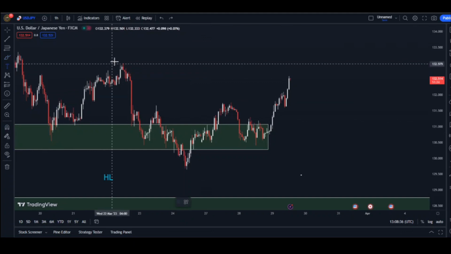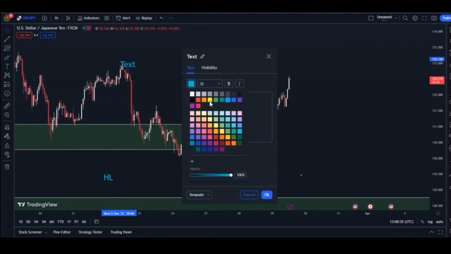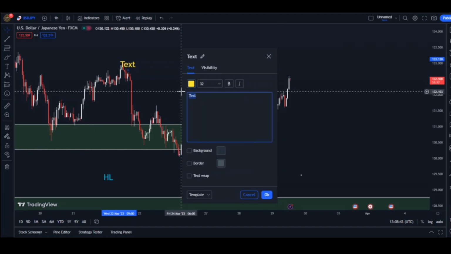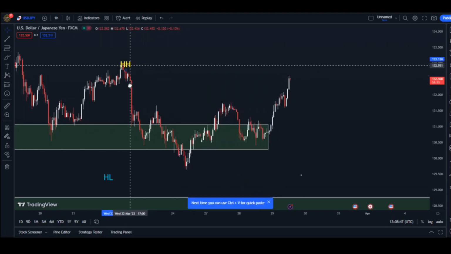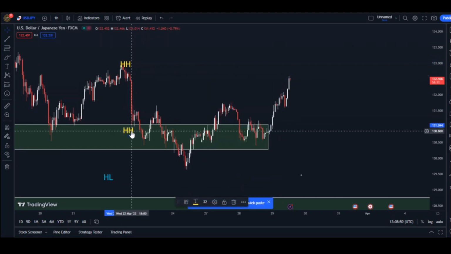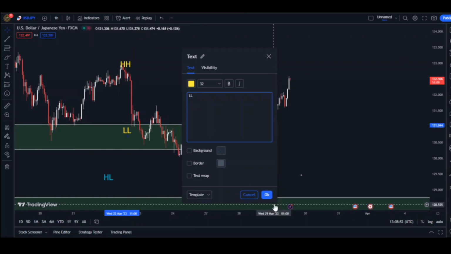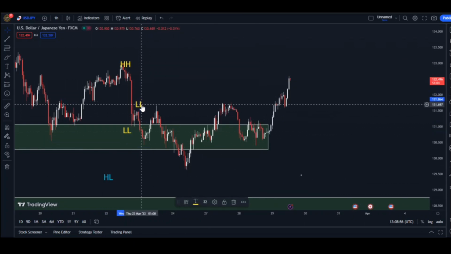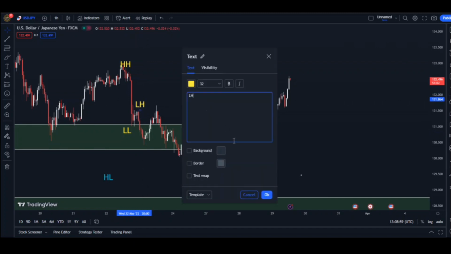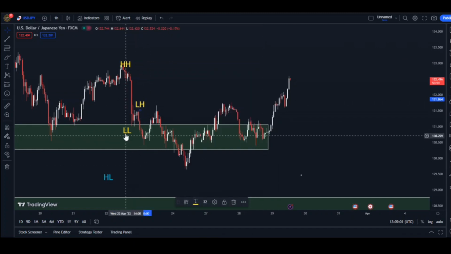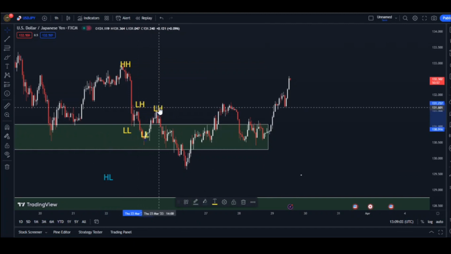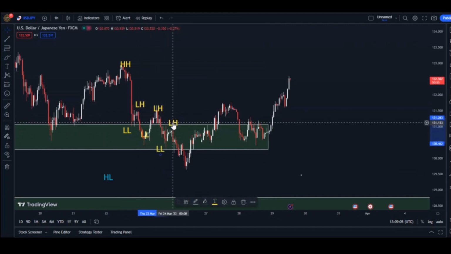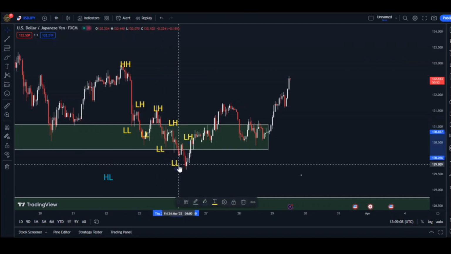I'm just going to plot my labels: higher high, and then the market formed a new lower low, and then lower high. I'm just going to copy it. My structure, you already understand what I am doing.